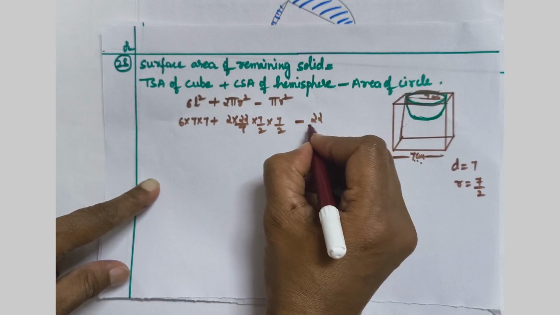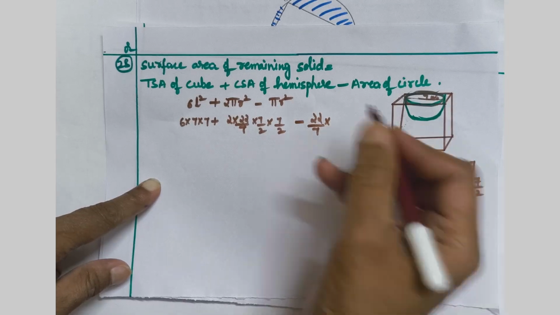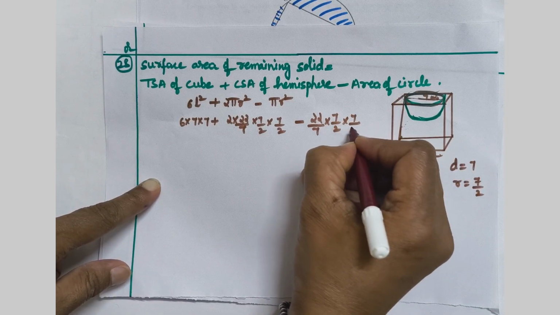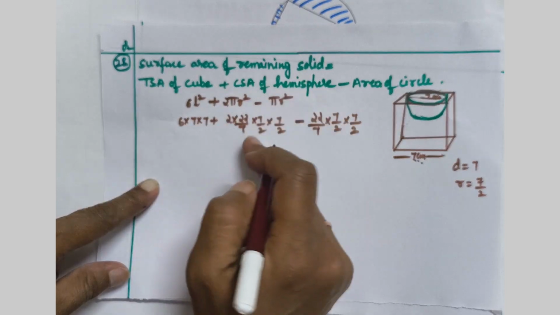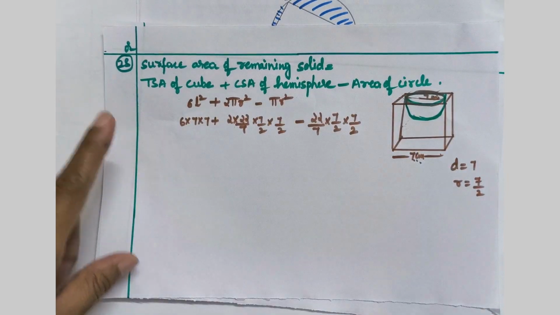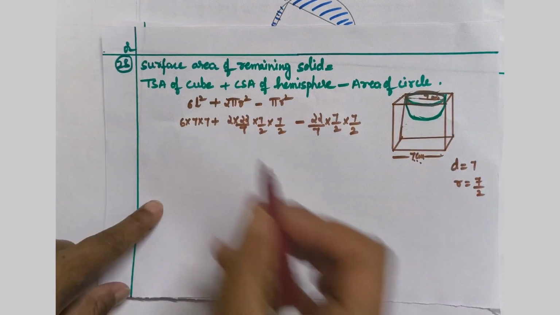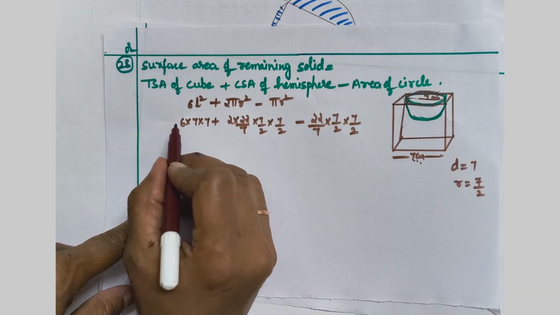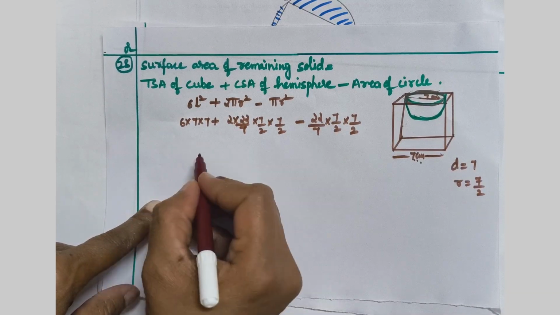Pi value is 22 by 7, radius same, 7 by 2 into 7 by 2. So the first is a cube, second a hemisphere, third a circle. Any cancel chance? Now see, 7 7s are 49. 49 into 6 is 294.